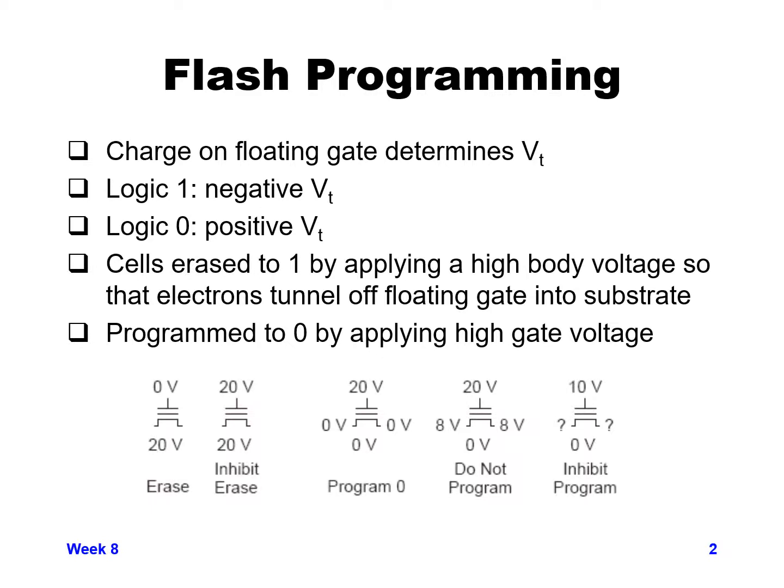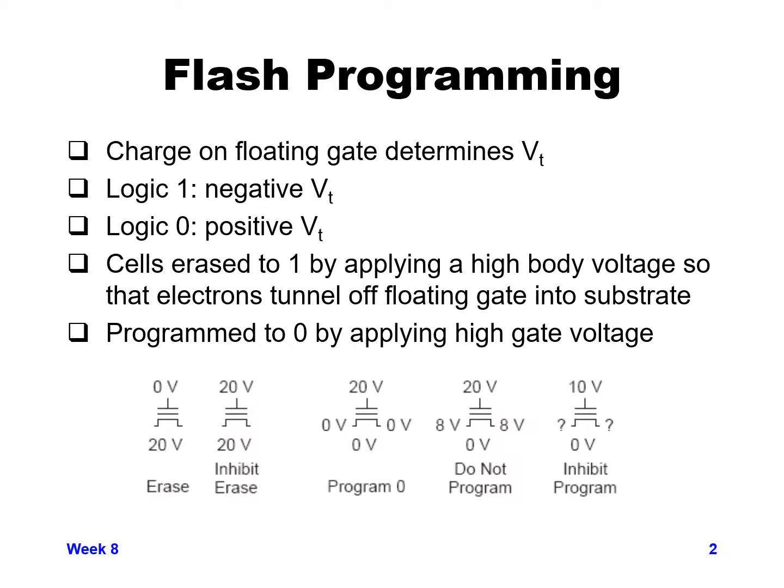So you increase the bulk or body voltage of all your transistors to 20 volts, and for any transistors you want to erase, you put the gate voltage at 0 volts and it'll erase them. Any transistors you don't want to erase, you make sure that the gate voltage is at 20 volts as well. So that's the lower left two examples.